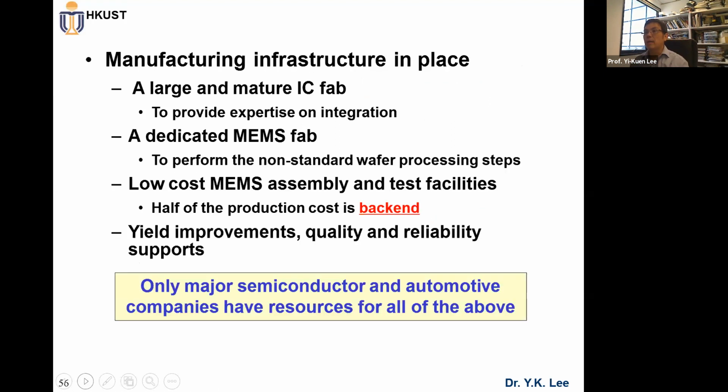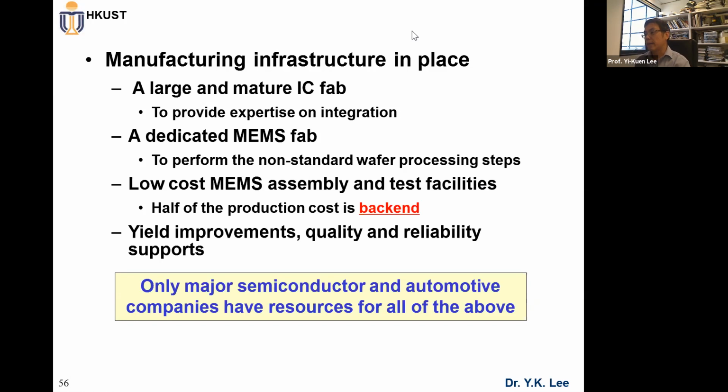Anyway, at the moment, most manufacturing is done in mature IC fabs, or by big semiconductor companies that can spend a long time on R&D for MEMS products. Of course, gradually there are also some MEMS fabless companies. They design MEMS and then sell the design to a foundry for fabrication.